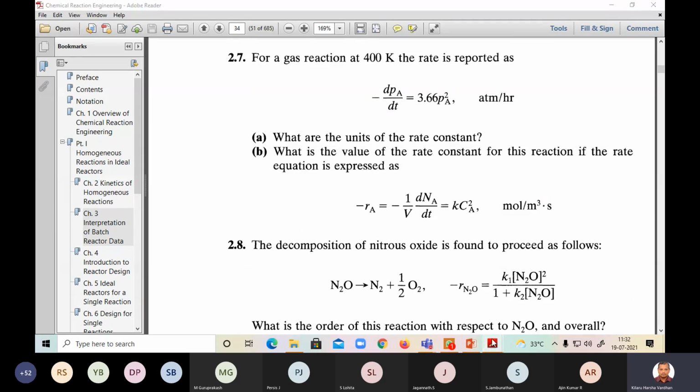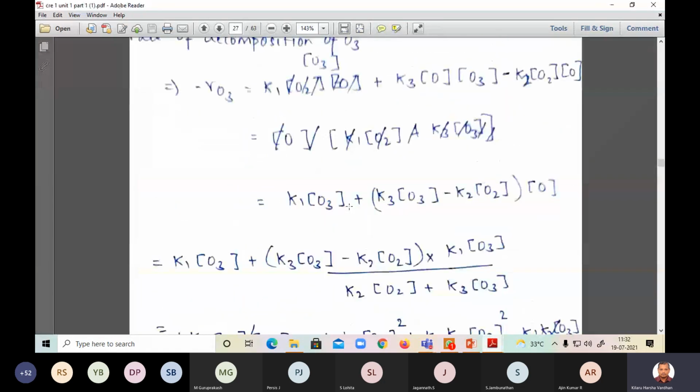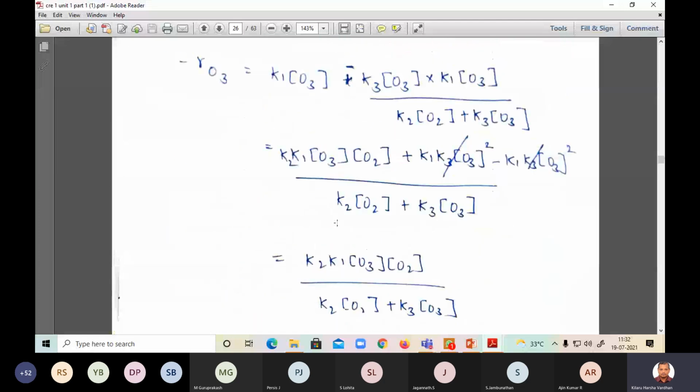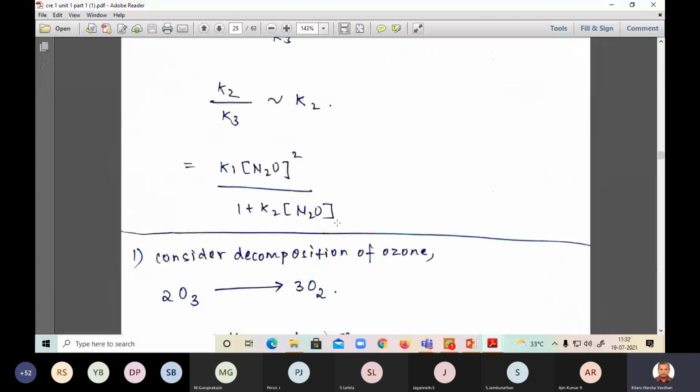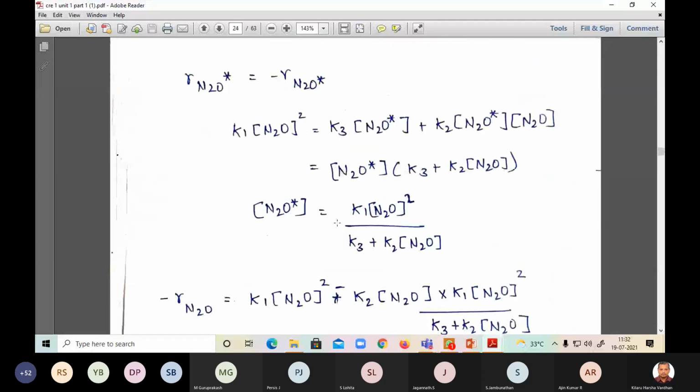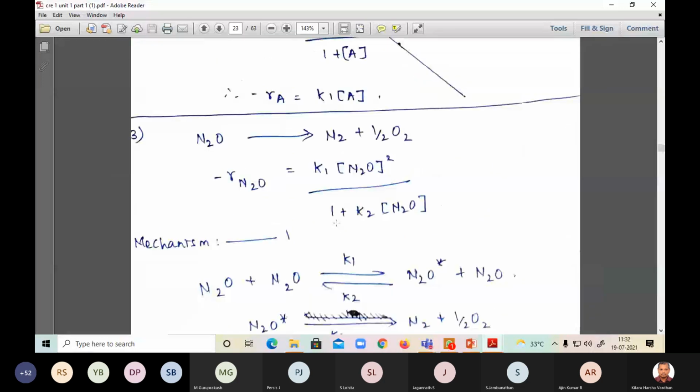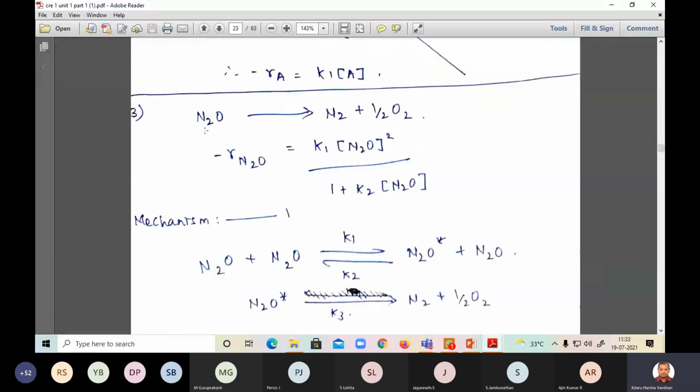So that is what I think this girl did. I'll just run through that. Yeah, you can see here, N2O gives N2 plus half O2. This is the observed rate. You can do whatever mechanism you want.